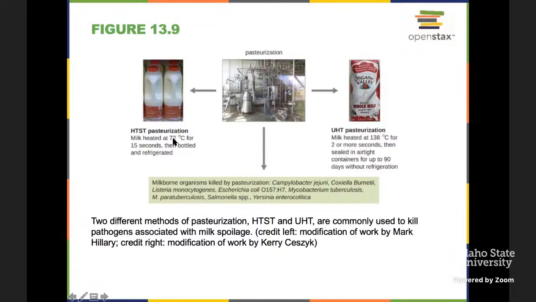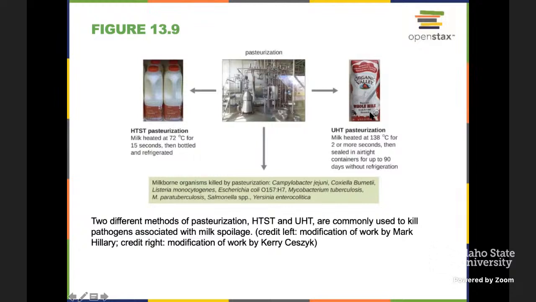So basically brought up to a steam, not to a boil. It's brought to a steam and it's held at 72 degrees for 15 seconds. Then it gets bottled and refrigerated. Refrigerated, the key. This stuff has to be refrigerated or you're still going to see spoilage. We haven't got rid of all of the microbes, right? But these can't tolerate these temperatures and we've got rid of them, right?